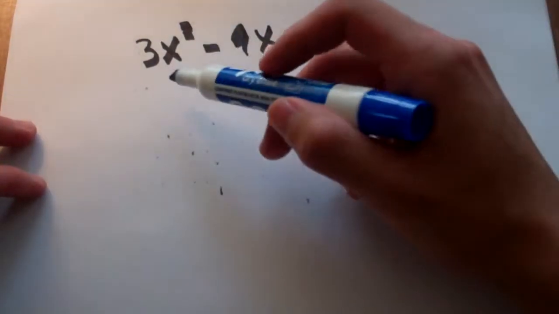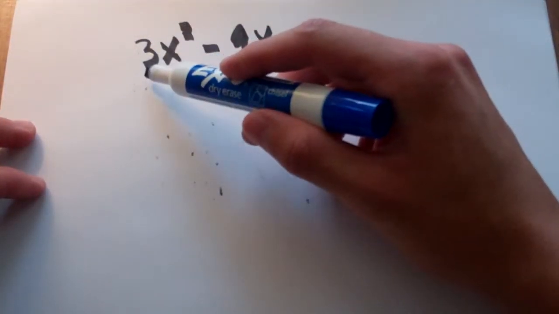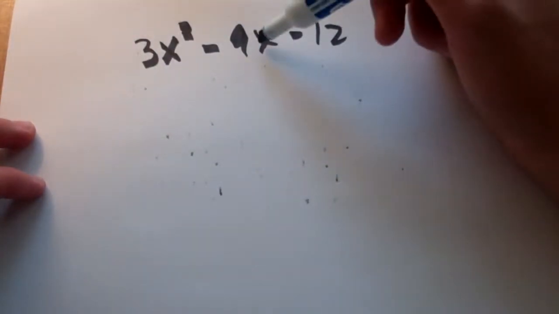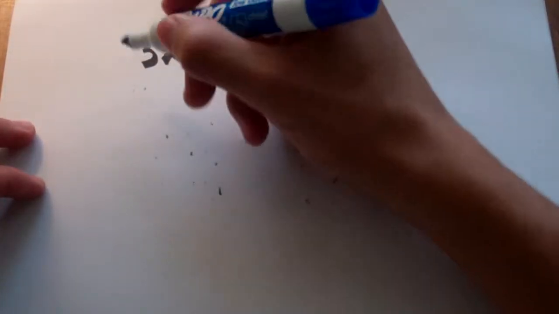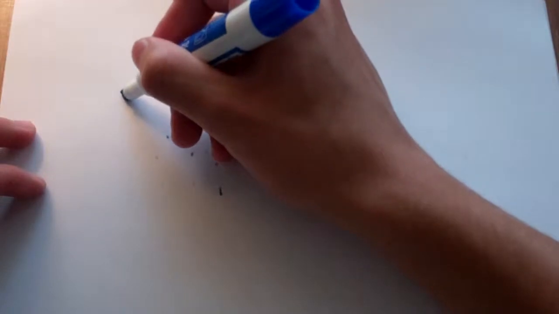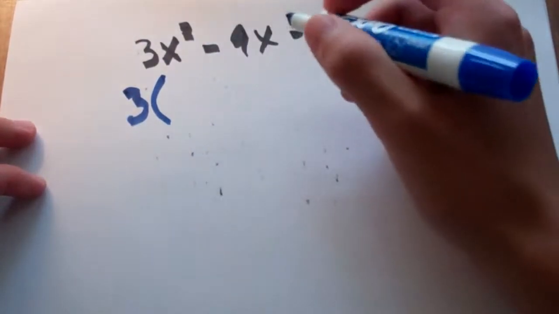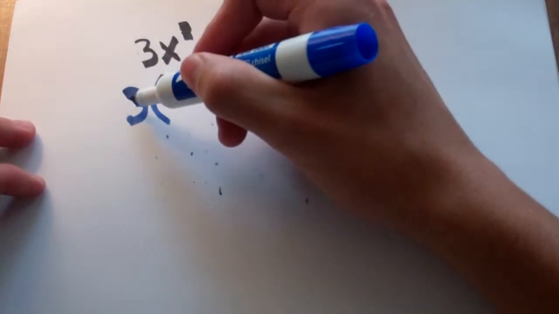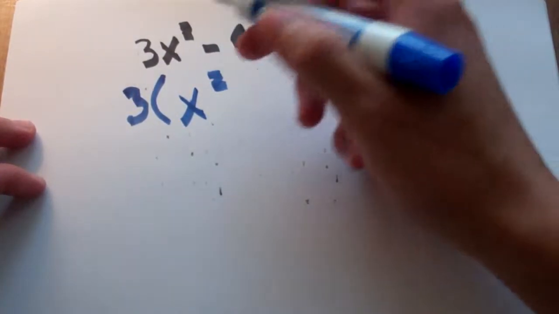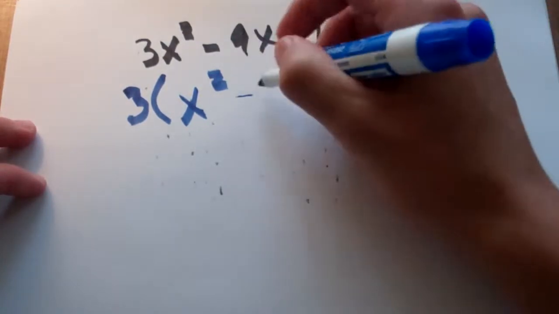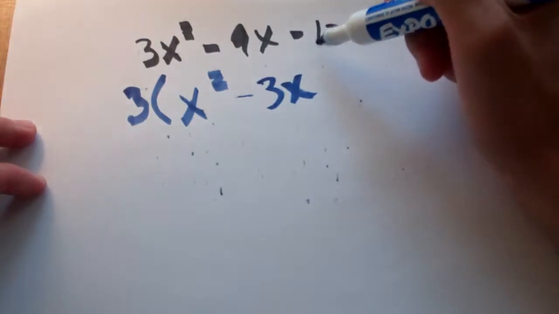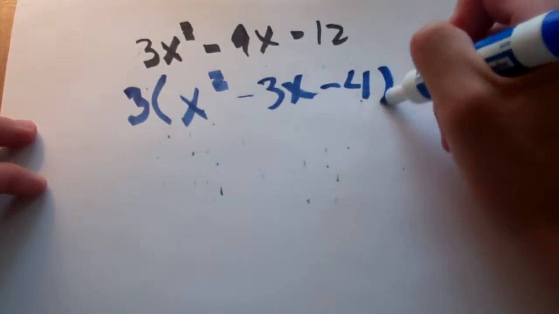So what I'm going to do is factor out a 3, and really all factoring is dividing, right? I'm going to divide a 3 into this term, and into this term. So let's do that. If I divide out a 3, in my set of parentheses, if I divide 3 into this term right here, I get x squared, and if I divide 3 into this term, I get minus 3x, and a 3 into this term, I get minus 4.